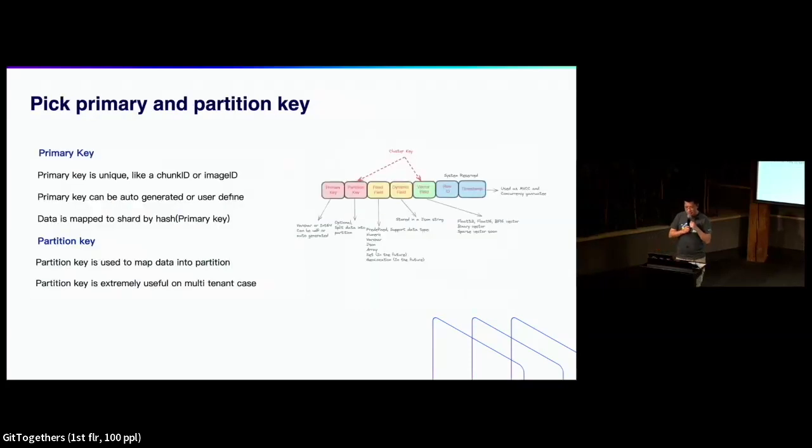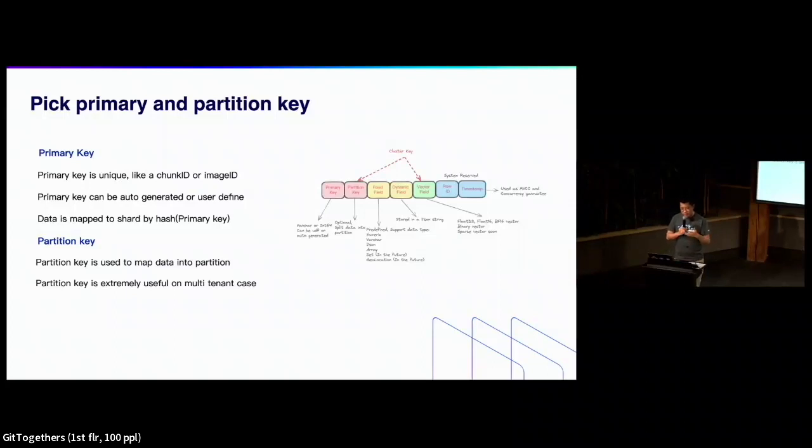Second thing is to think about primary keys and partition keys. That is also going to be very critical. If you are very familiar with relational databases, then you know what I'm saying, right? So pick what key is going to be indexed on, pick what key is going to be ordered on, right? So in Milvus, we just split every row into multiple parts.